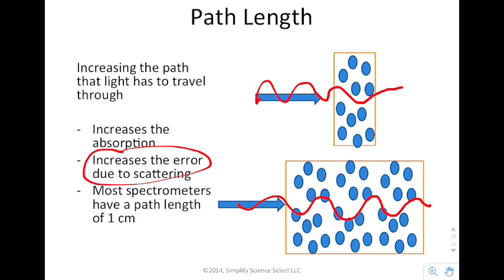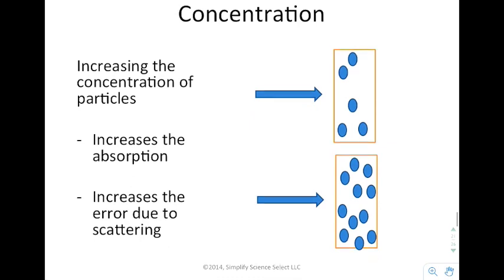So generally speaking, you want to keep the path length relatively small so that you're not getting different values based on scattering or random chance. Almost every spectrometer that's used tends to have a 1 centimeter path length. The only reason you would use a longer path length is if you were looking at something very, very, very dilute.